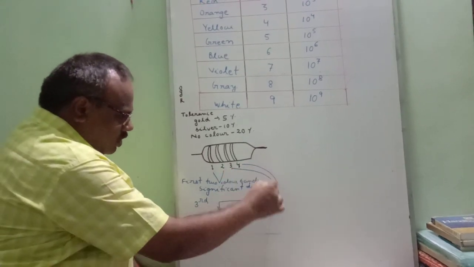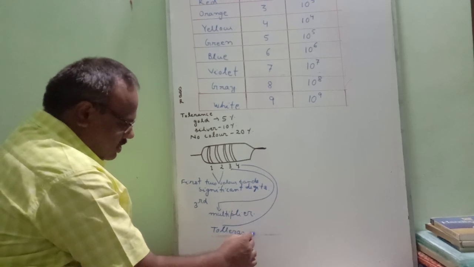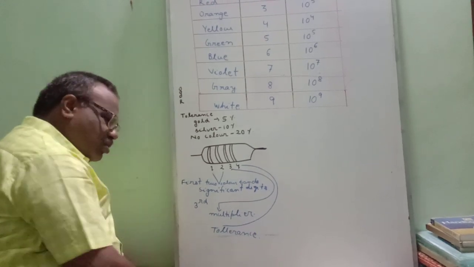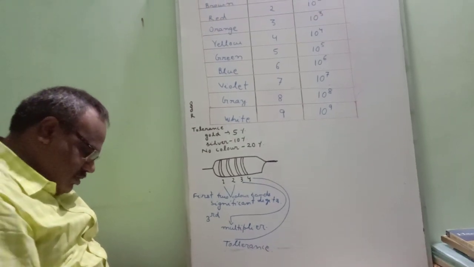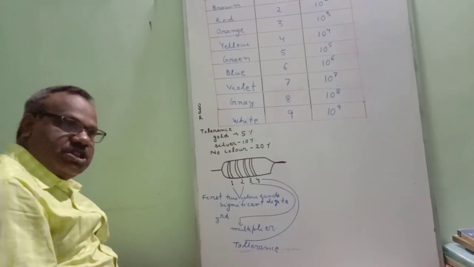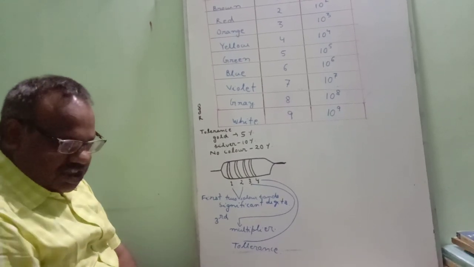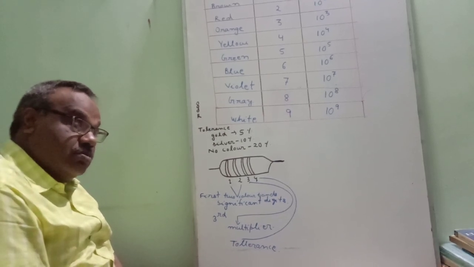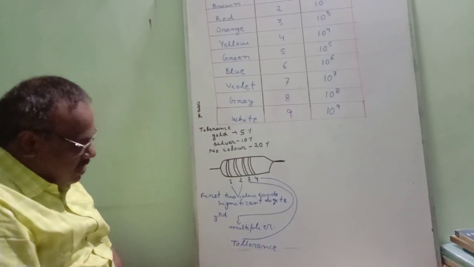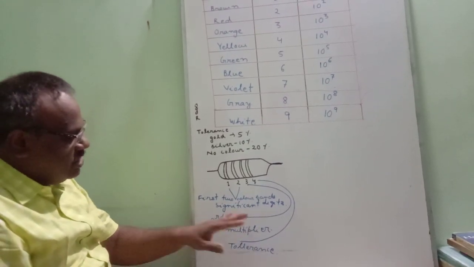And the fourth gives the tolerance. Tolerance means that due to the variation of the external temperature, resistance is changing. In a conductor, resistivity is increasing with temperature, as a result of which resistance is increasing. So tolerance means this much variation is permissible.